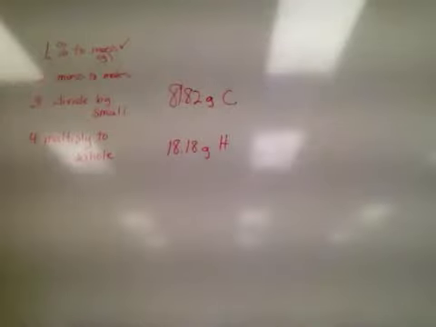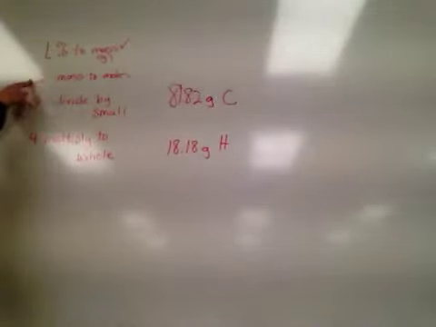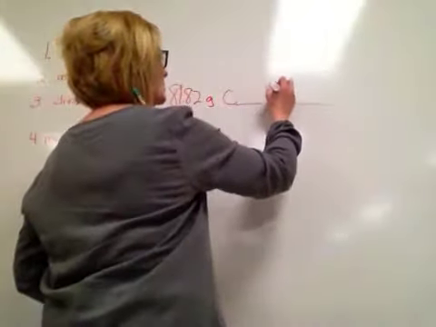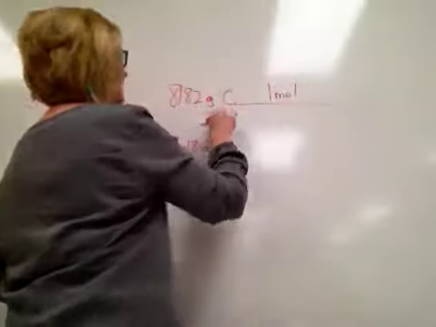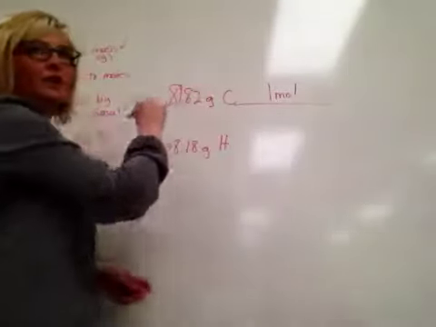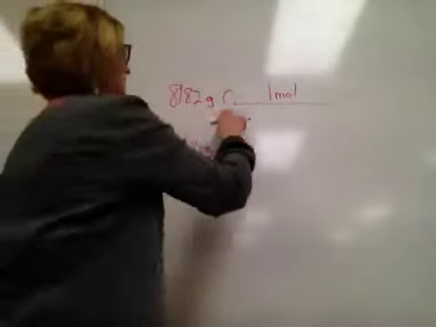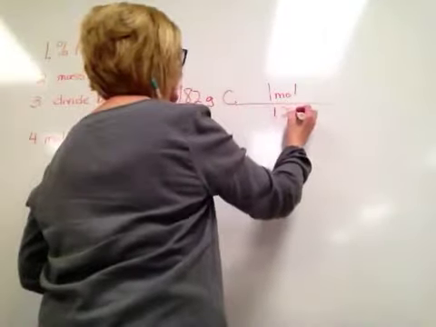Step two, I do what? Divide by its molar mass. I have to find moles. So 1 mole goes on the top. The molar mass of carbon, you're going to find where? On the periodic table. Carbon is 12.